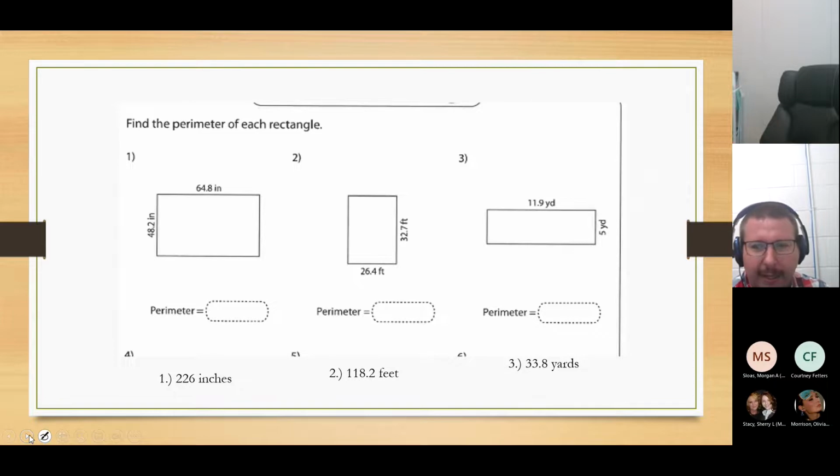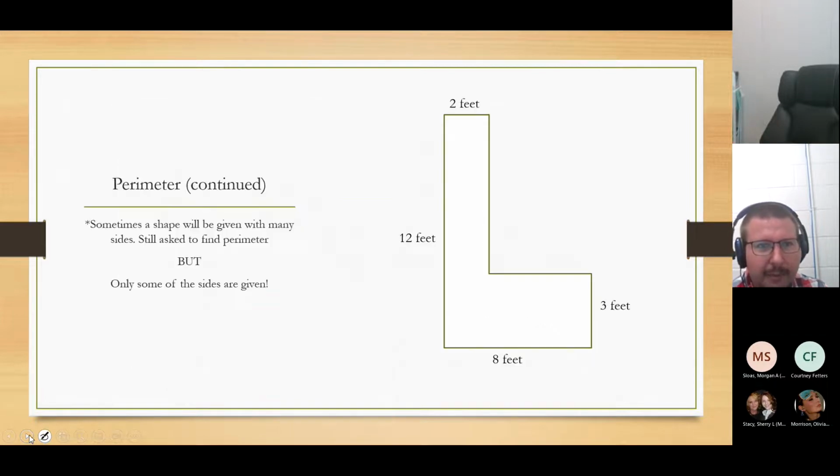Now, here's sort of how they'll address it on the test. This odd looking shape here, you still have to add up all the sides. However, only some of the sides are given.